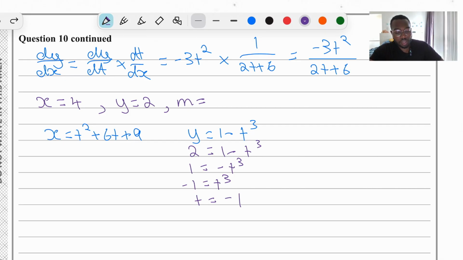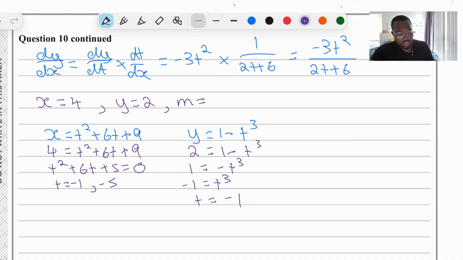Now, you can also plug in your x value and still work out t that way. For example, 4 is equal to t squared + 6t + 9. Bring the 4 to the other side, you get t squared + 6t + 5 is equal to 0. If you work this out, that would be a 5 and a 1, so you get t is equal to minus 1 and minus 5.